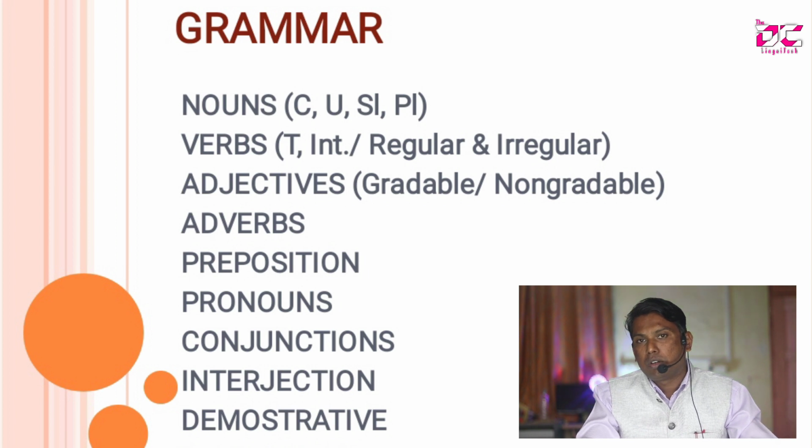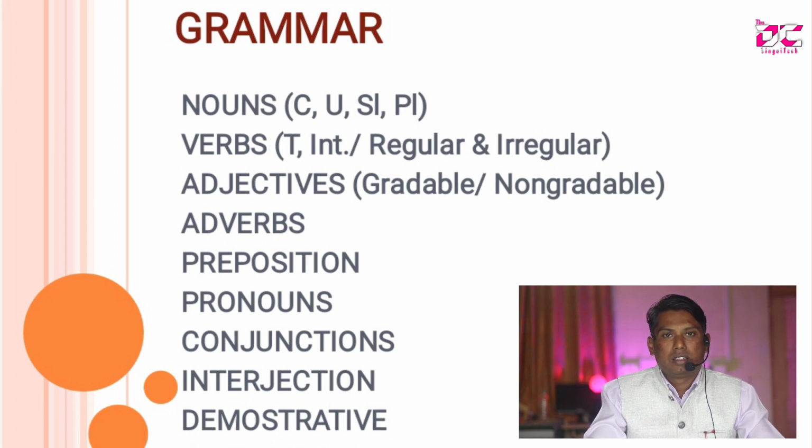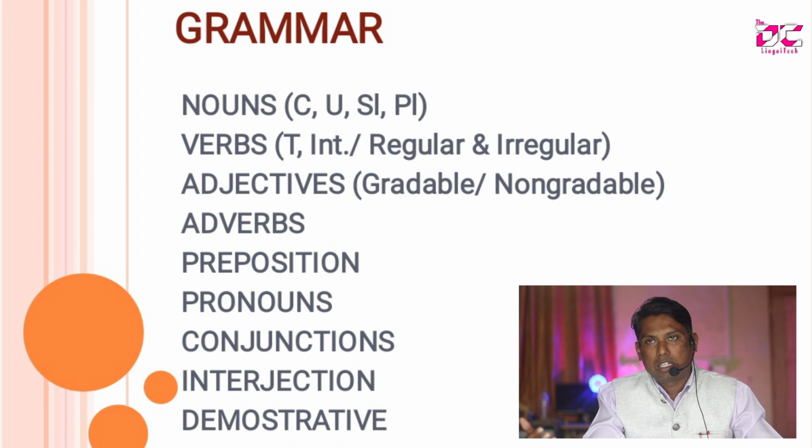So uncountable nouns can be made measurable with the help of measurement. Like electricity cannot be counted like 1, 2, 3, but it can be measured like 1 unit, 2 units, or some other uncountable nouns like kilogram, etc.